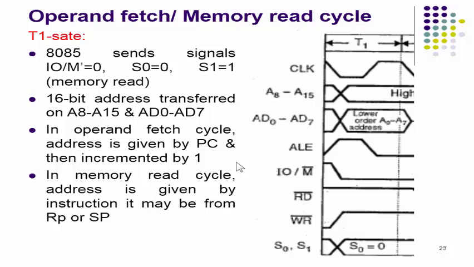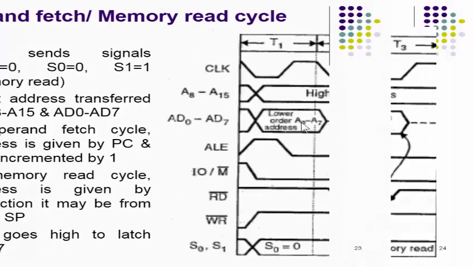In the operand fetch cycle, the address is given by the program counter and then incremented by 1. So in this timing diagram we can see the higher order address placed on A8 to A15 and lower order address placed on AD0 to AD7. The short duration ALE pulse goes high to demultiplex address and data lines.